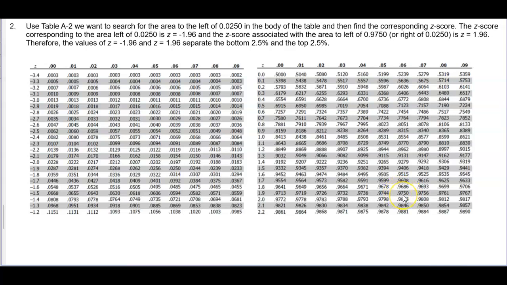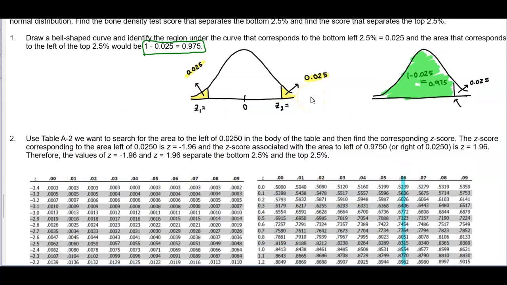Well, if you look here, we do have that. That means it's going to correspond to 1.96. So therefore, this z-score represents 1.96.